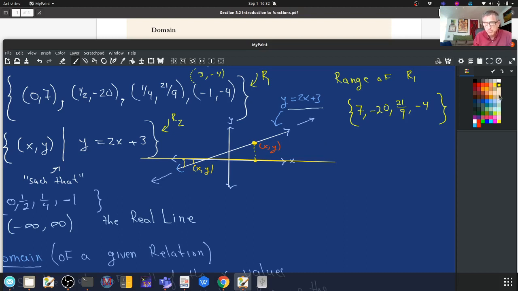Now let's go to a pretty simple question. What is the range of R2? So here again is my generic point on the line. So this line right here represents all of the ordered pairs that are in my R2 relation.